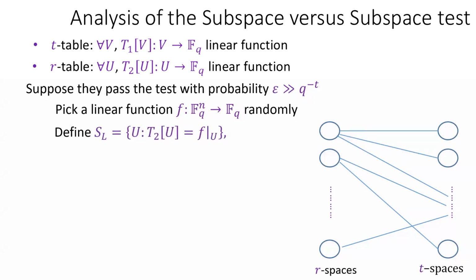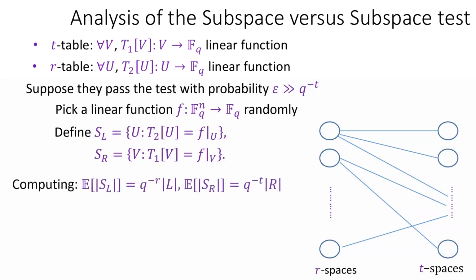SL, which are all of the vertices on the left side that agree with this little f that we defined, and SR, which are all of the T spaces that agree with this function little f. So these are two random sets which are correlated.